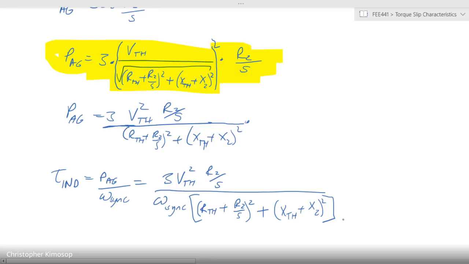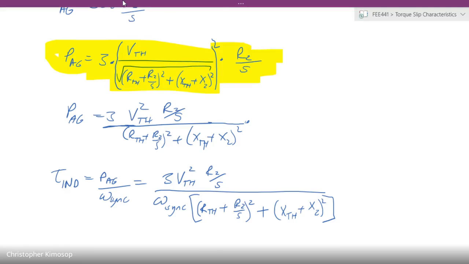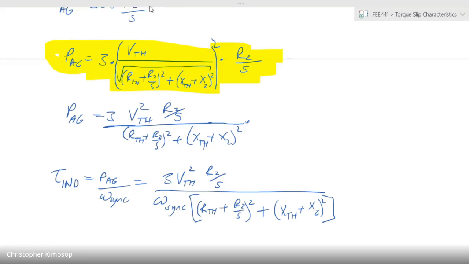Okay. So this is now actually an expression for the induced torque that we were aiming for, all right?